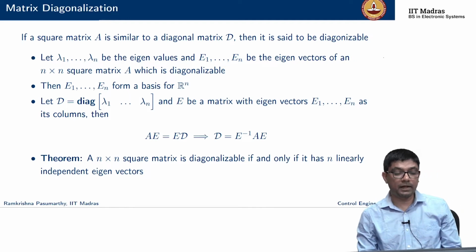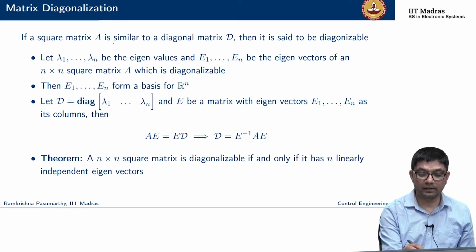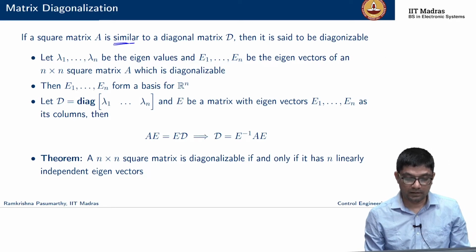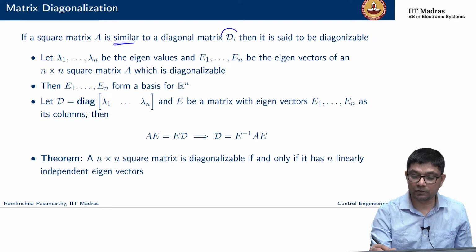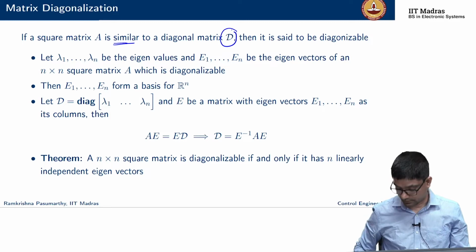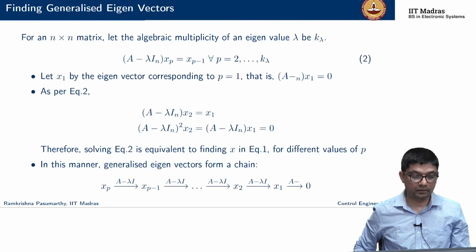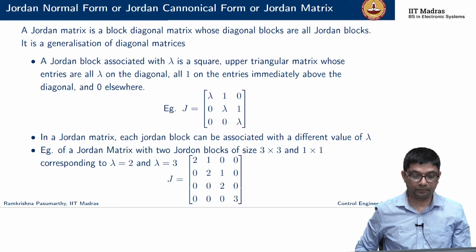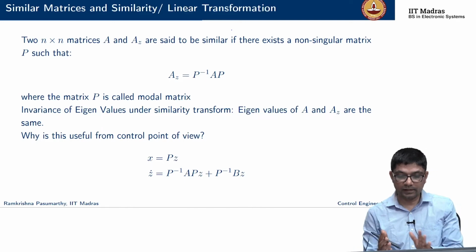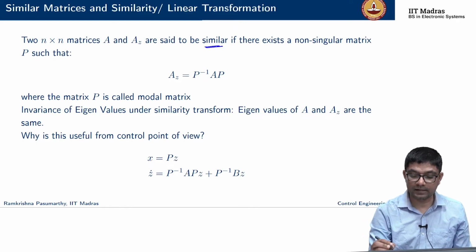Okay, so what do I mean by diagonalization now? If a square matrix is similar to a diagonal matrix, then it is said to be diagonalizable. Again, we are using these words, but slowly get used to this terminology. I'll quickly read the definition of similar, even though we'll analyze it in detail a little later.